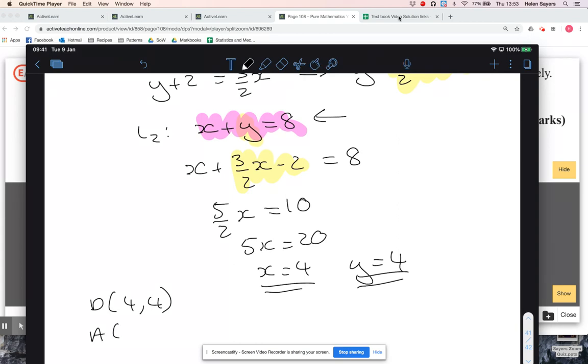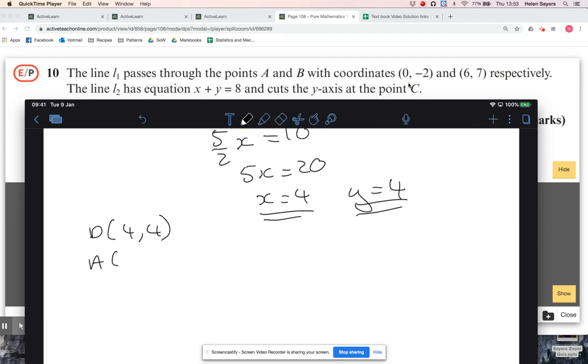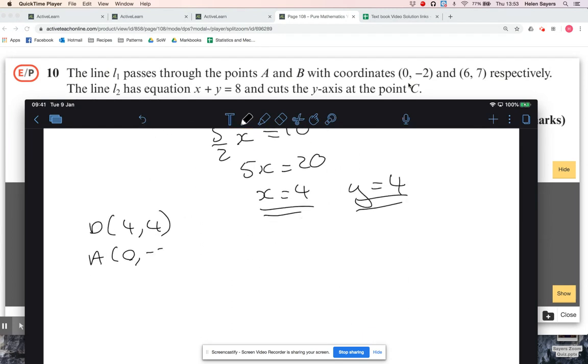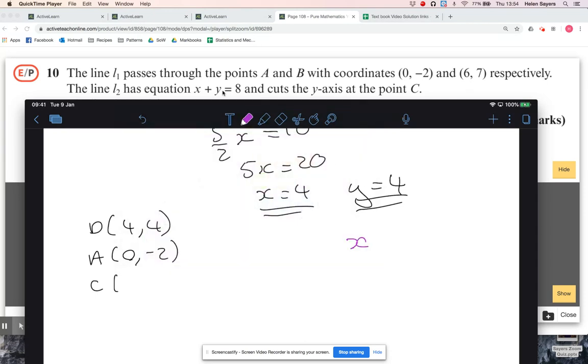A was given to me in the question, so A was 0, -2. And C was where this cuts the y-axis. Something cuts the y-axis when x is 0.